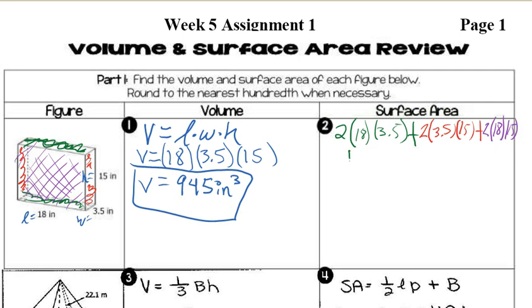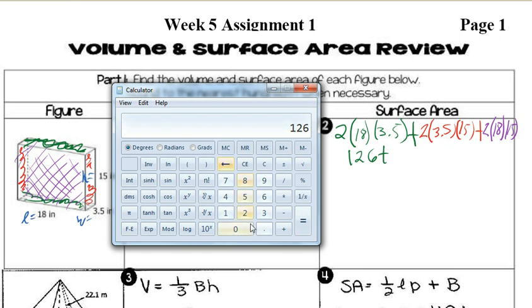This guy is 126 plus, bring it down. So again, there's no rush, right? We're not going anywhere. 2 times 3.5 times 15.